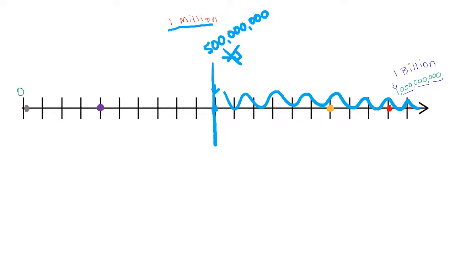So let's split her up again. Let's use green this time, and a skinnier pen. If I took this distance from 0 to 500 million, and I chopped it in half, right about there, that would represent 250.